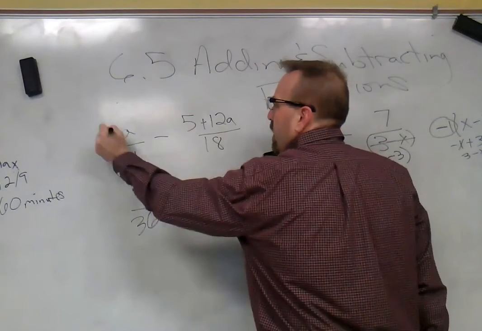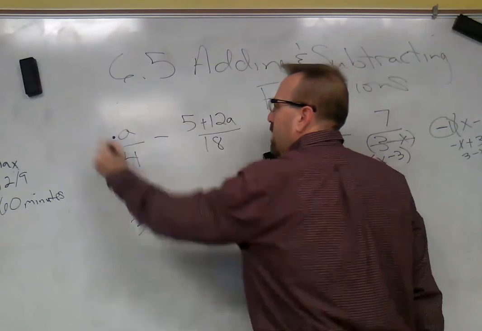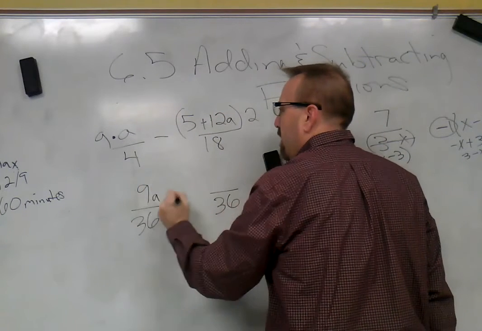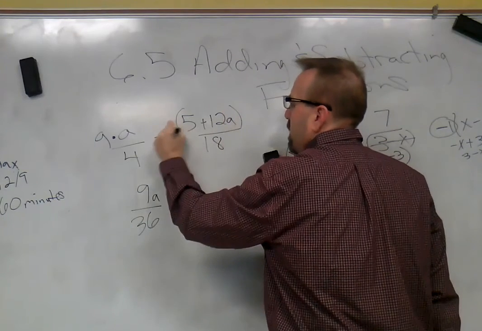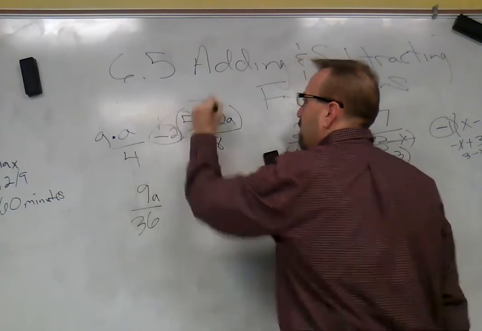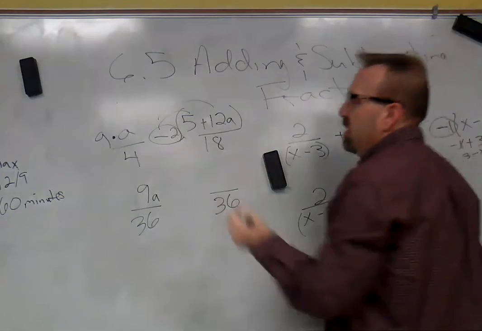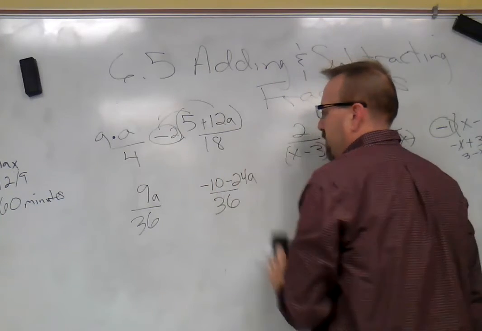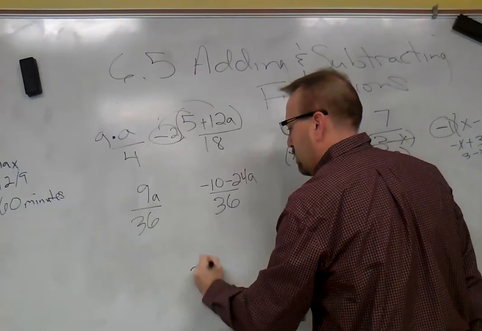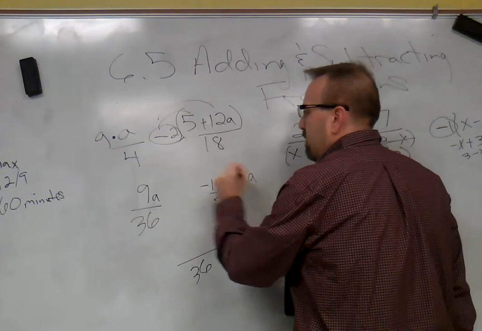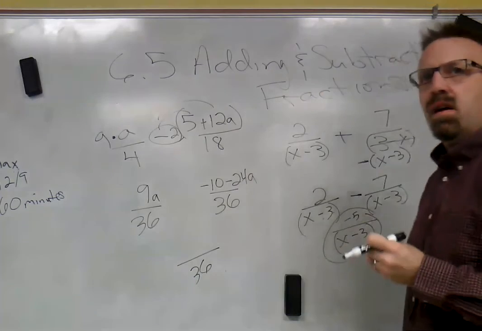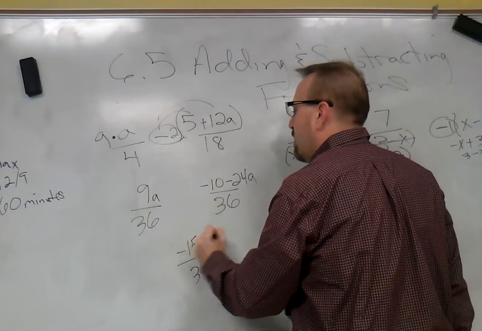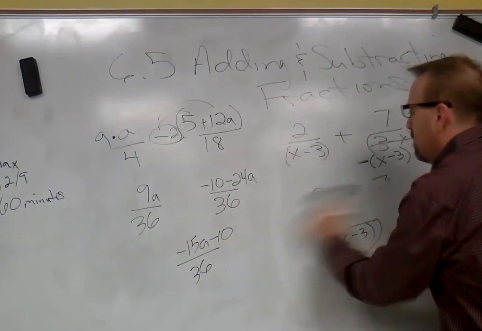So it's 36. We have to multiply this by 9 and then this times 2. So 9 times A is 9A. I'm going to put this 2 right here. The reason being is then we can multiply or distribute in -2. So -10, -24A. All right, so we have 36 on the bottom. -24A and +9A, opposite sign, so we need to subtract, which is -15A minus 10.